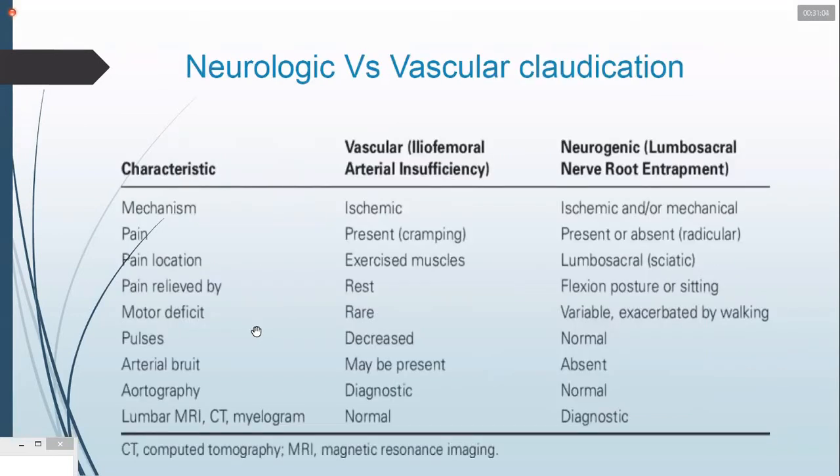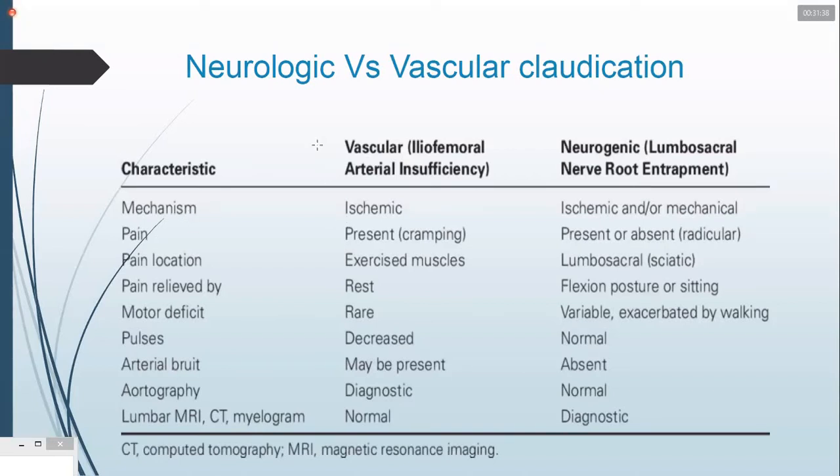So this is the important slide. You need to know the difference between vascular and neurogenic claudication. Vascular is arterial insufficiency. It is commonly seen in Buerger's disease, or thromboangiitis obliterans, when there is sclerosis of the wall of the arteries, and the mechanism is ischemic.